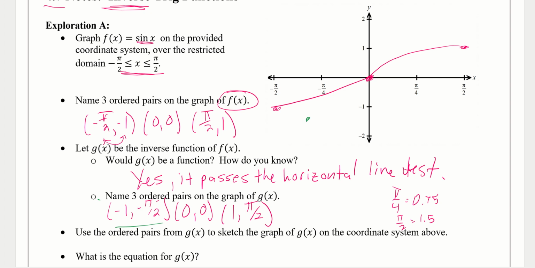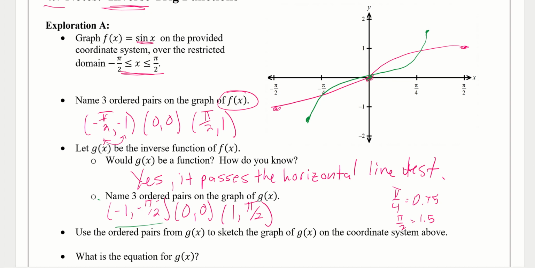So maybe somewhere in there. Next one's easy. Shabam, 0, 0. Next one's 1, so again, a little bit beyond the pi over 4, and kind of right in the middle of the two there. Shabam. Okay, so that's going to be something that looks more like that.